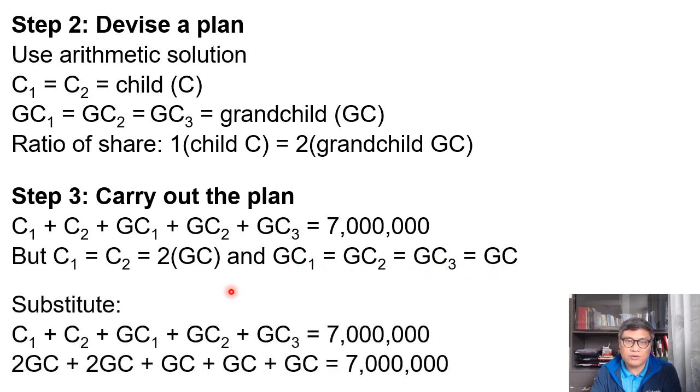Substituting, each child will be receiving 2 grandchildren equivalent, and the remaining 3 grandchildren will be having our GC here. So this will be our equation: 2GC plus 2GC plus GC plus GC plus GC equals 7 million.